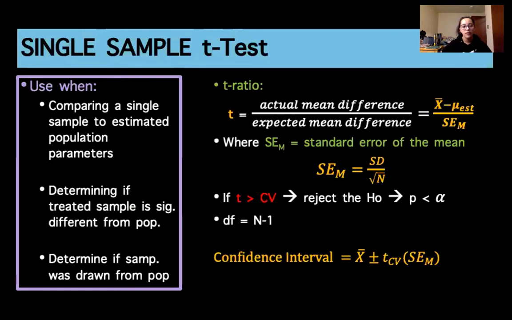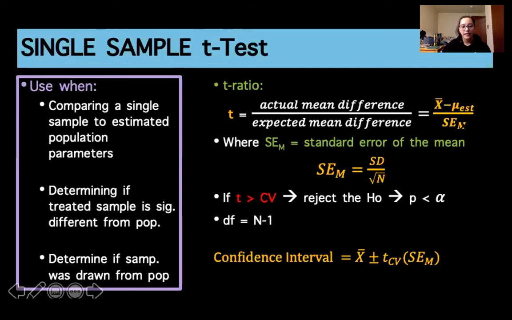But all of the, I know it's a lot, I'm so sorry. So the t statistic or the t ratio, those are interchangeable terms, right? We already presented this on the previous slide where we're looking at what is the difference between our sample and our estimated population mean. And then we have to divide that by some standard error in order to relate that sample characteristic to an expected population characteristic. So that's how we get an actual mean difference divided by the expected mean difference.